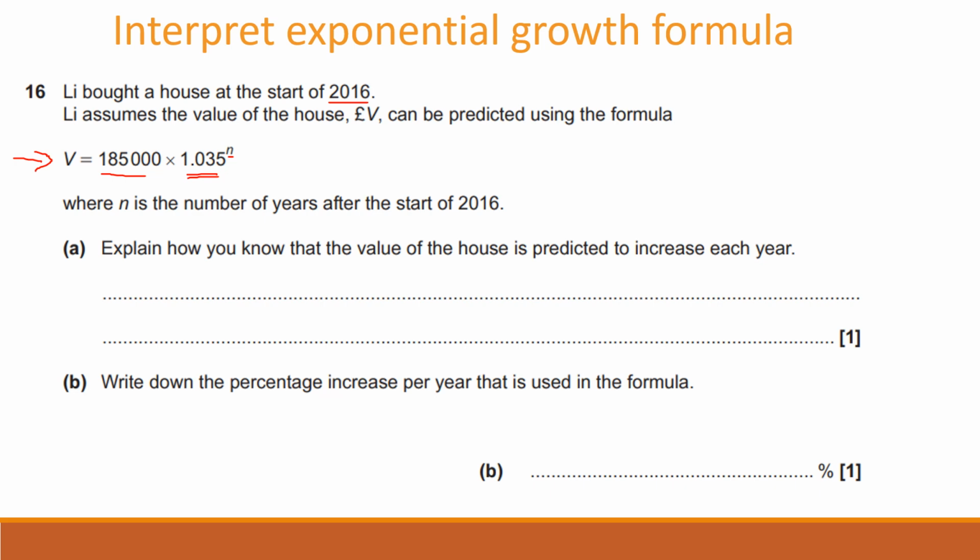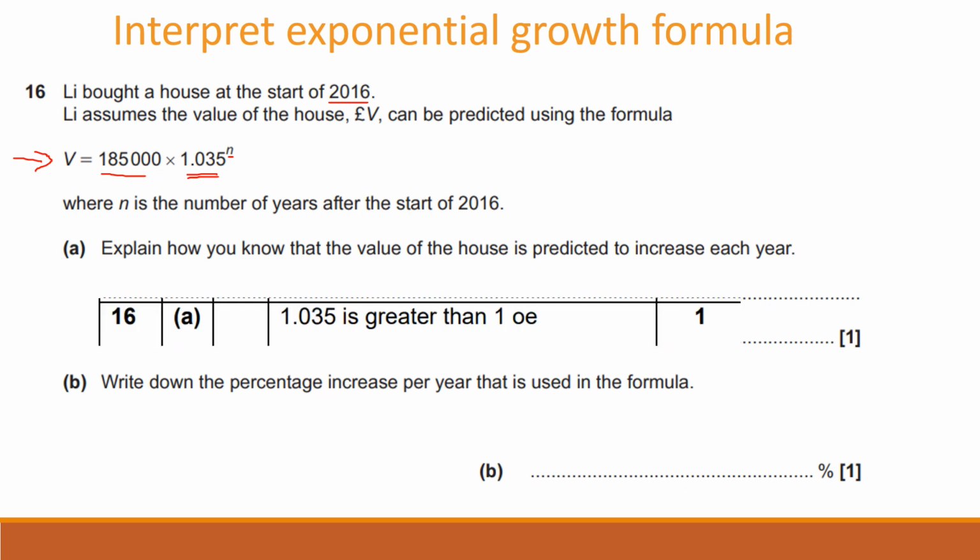Now the number we have got here is 1.035, which is greater than 1, which means it's an increase. And the mark scheme will literally give you 1 mark. Okay, so this number here in the square bracket tells you how many marks it is. Literally 1 mark for writing 1.035 is greater than 1. OE means or equivalent. So you need to just state that that number there, the multiplier, is greater than 1.